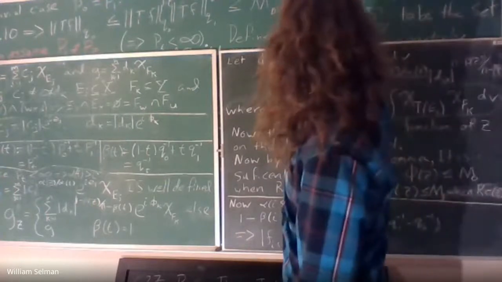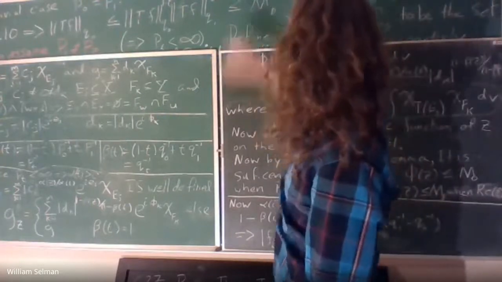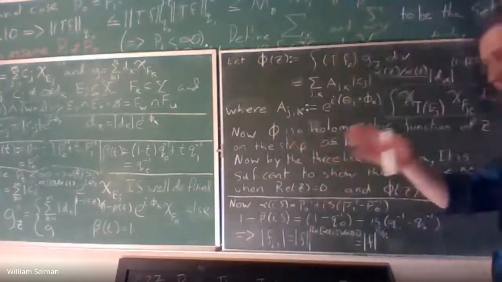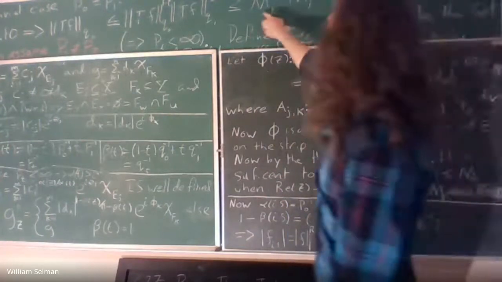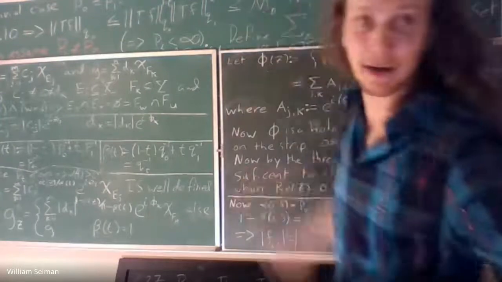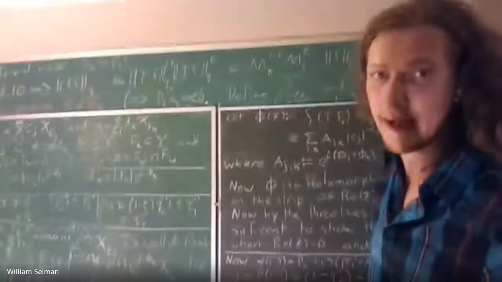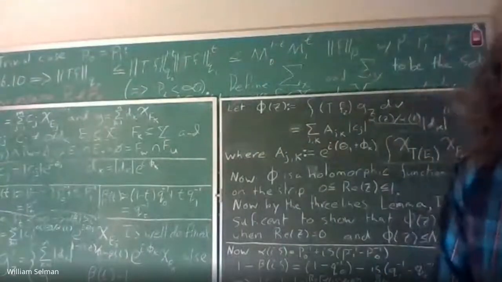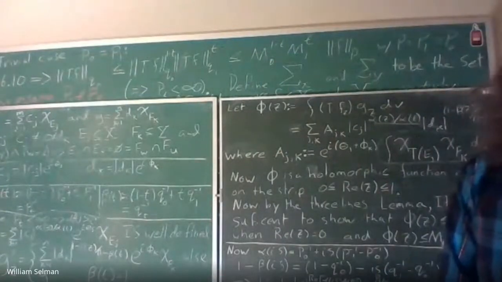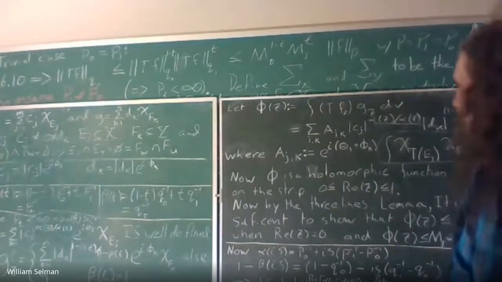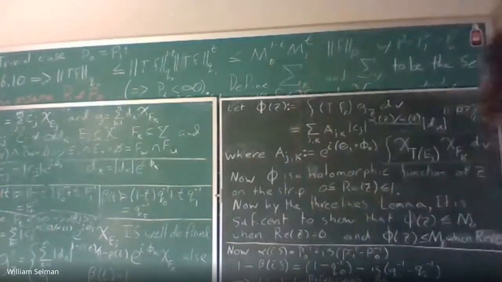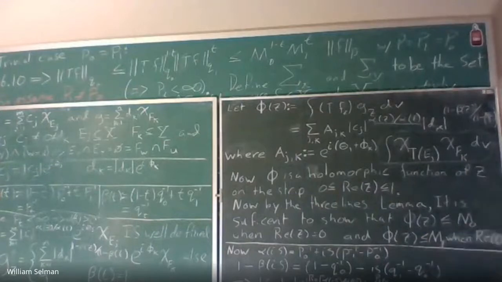Then by the three lines lemma, when Z is in the interior of the strip, it is going to be bounded by the product here. That's directly from the last theorem that we proved, Lemma 6.26, which is the three lines lemma, and that's what we need here. So all we need to do is show that those two bounds hold.